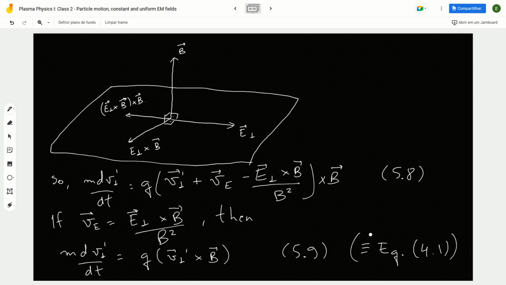So in the reference frame moving with the velocity VE, the electric field is eliminated and the magnetic field is unchanged. In this frame, the particle describes a circular motion with the cyclotron frequency omega c and Larmor radius rc.